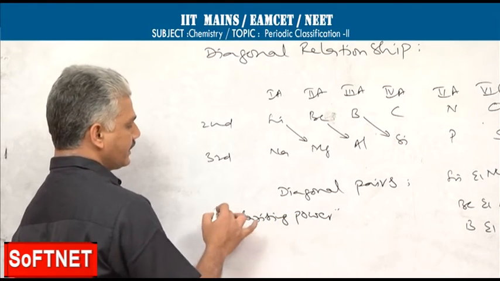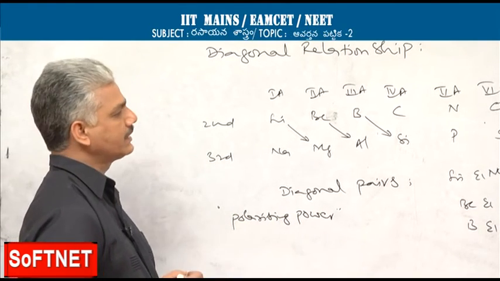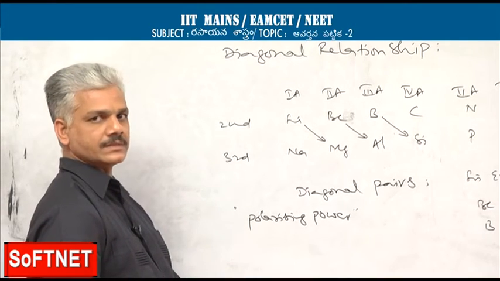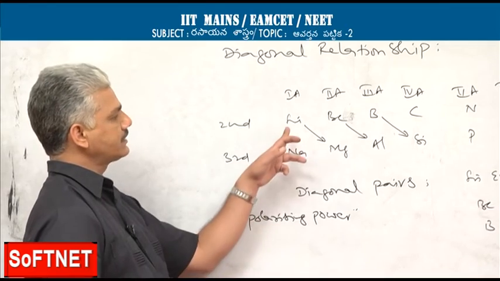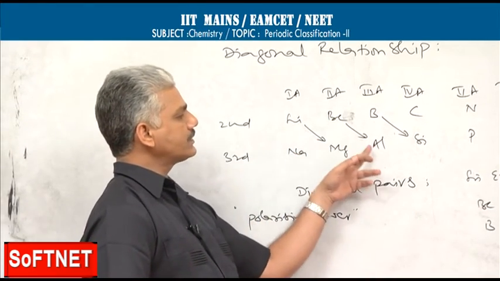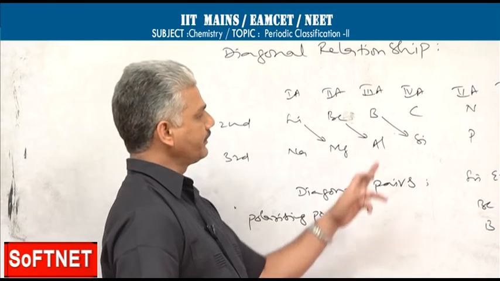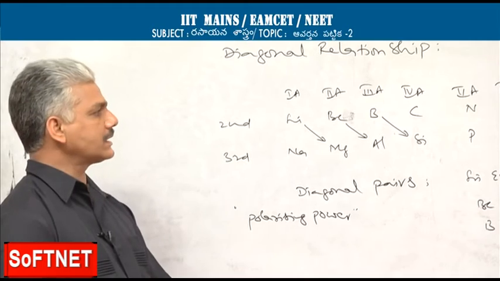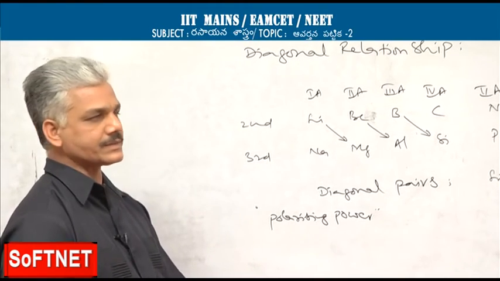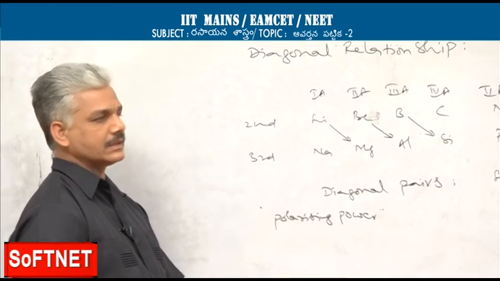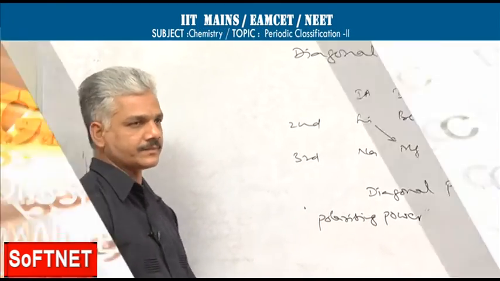If polarizing power is the same for 2 elements, then there will be similarity in properties of the corresponding elements. Hence, lithium closely resembles magnesium, beryllium closely resembles aluminum, boron closely resembles silicon in their physical and chemical properties. So, that is about periodic properties and their variation.